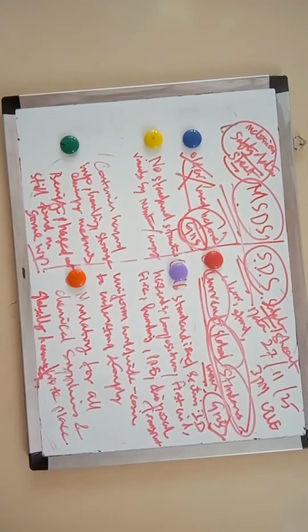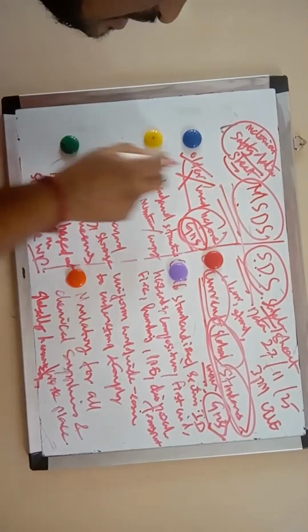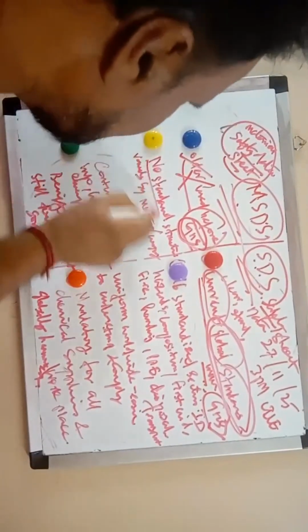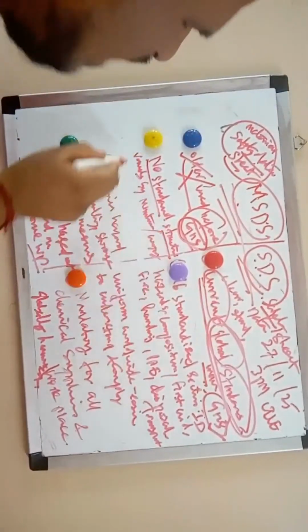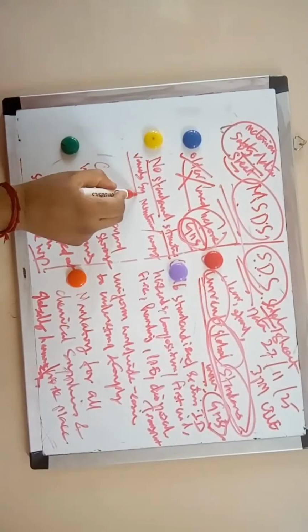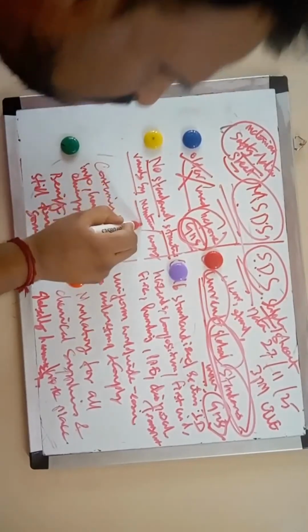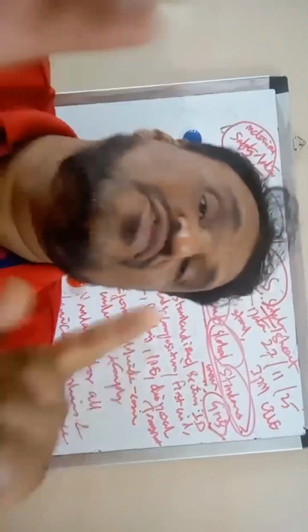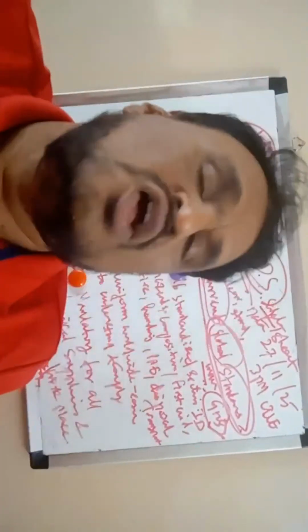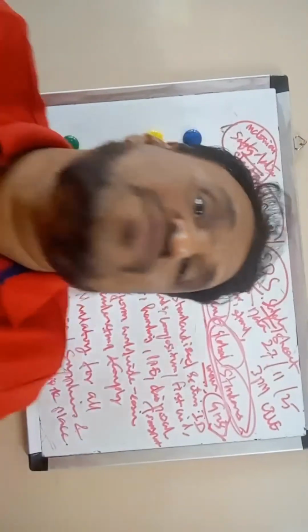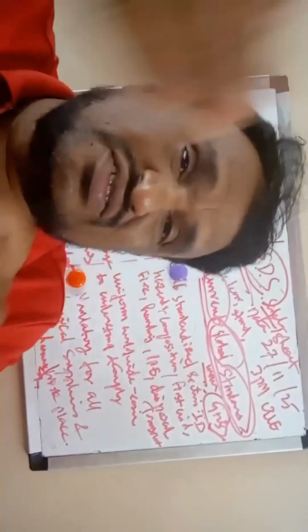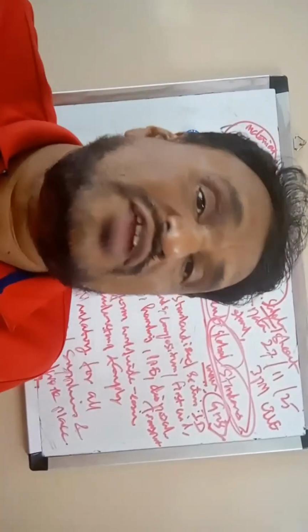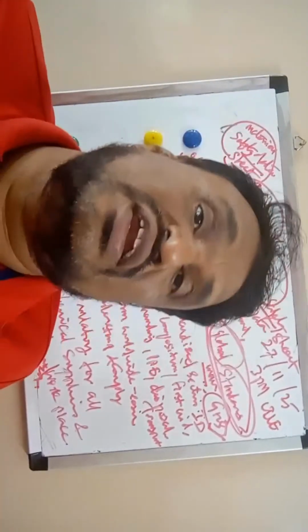Then the Material Safety Data Sheet has no standard structure and varies by manufacturer and company. One manufacturer gives a different form and some different details, and another manufacturer gives other different details.